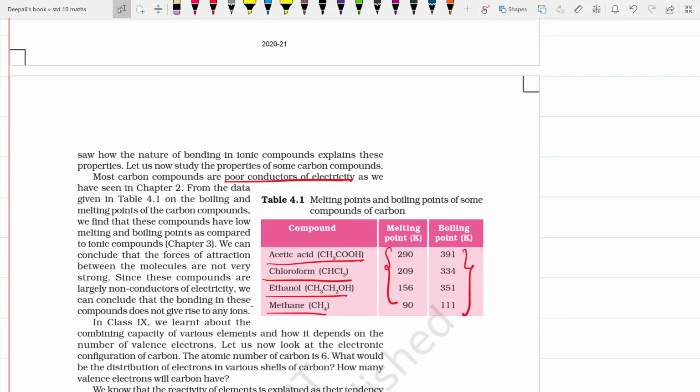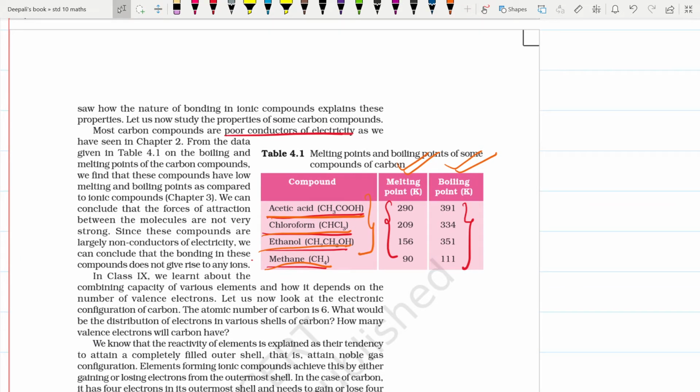As you can see in the table, acetic acid, chloroform, ethanol and methane, their molecular formulas, their melting points and their boiling points. So this is what we understand about covalent bonds and properties of substances forming covalent bonds.